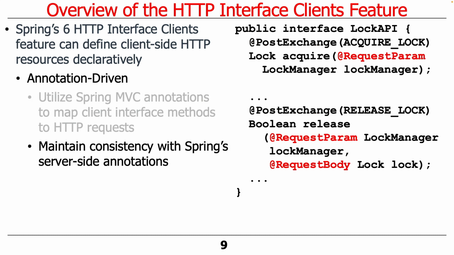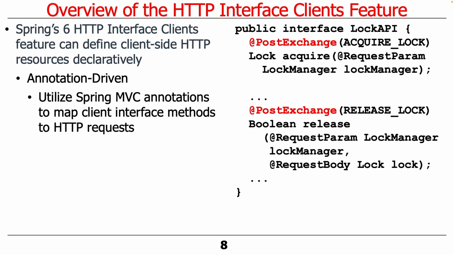In fact, some of the annotations are identical to what you see on the server side, in particular request param and request body. These almost mirror one-to-one the way you would define the controller annotation. So that's nice. You don't have to go out and learn some new annotation mechanism other than post-exchange versus post-mapping.